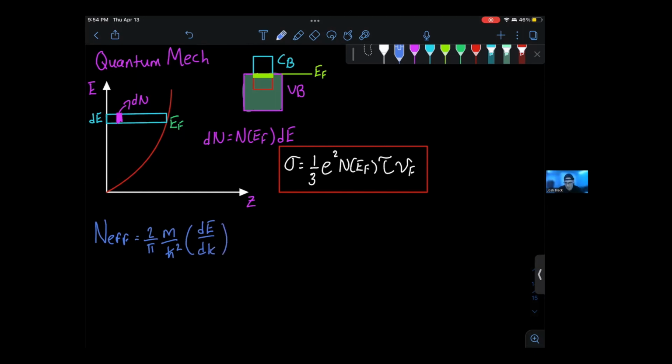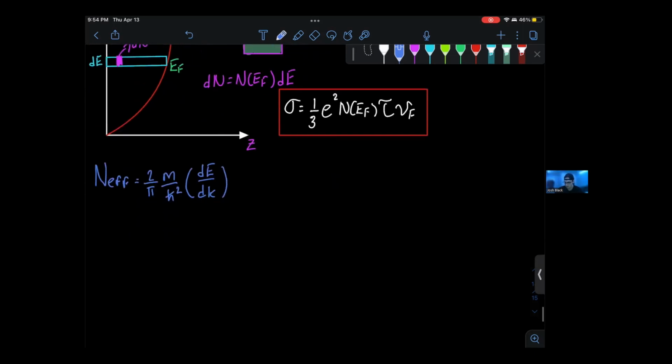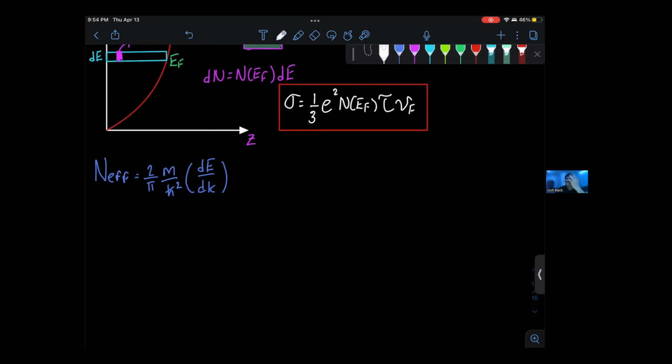And this dE over dK is usually used at our Fermi level. Now, this equation, it's fine, but I like to graph this. I think it's very useful to graph this. So we're going to use the model that we know about our bands, in particular that they're scattering at the Brillouin zone.